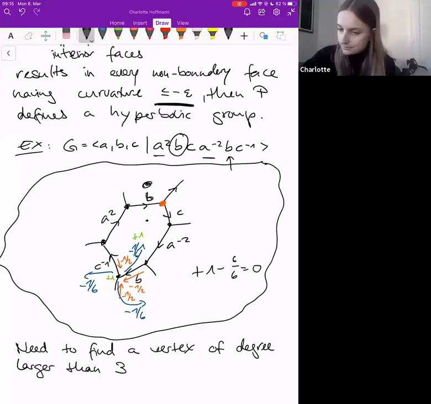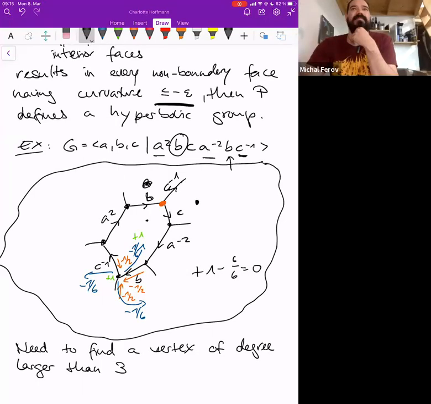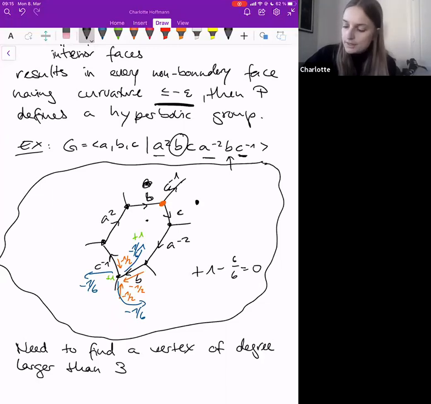Therefore, in this face, the next edge would be labeled by C to the -1. Then I can look at this face on the other side of the edge labeled by C, and see that this cannot be an edge of this face, because otherwise, reading along here, I would have the subword C squared, but this is not a subword of our relator. Therefore, I know that there has to be at least one more edge here.